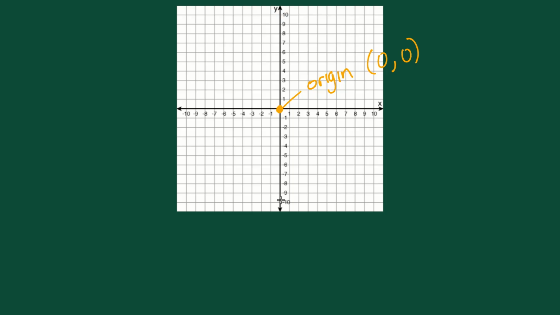Okay. So now let me just draw a couple of points. I'm just going to randomly draw a couple of points, and then we're going to find or write down their locations. How about there? How about right here? And right there. And right here.